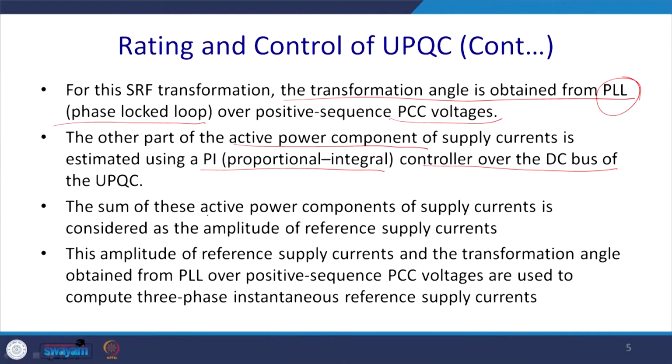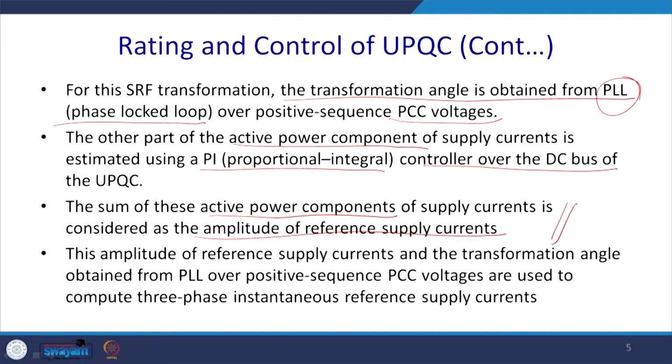You can also have a direct method. The sum of these active power components is considered as the amplitude of the reference currents. That is something we require to take into consideration.